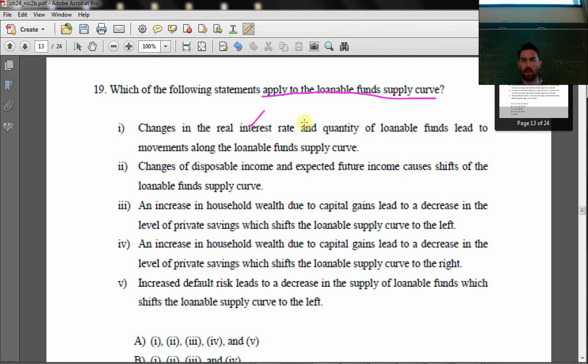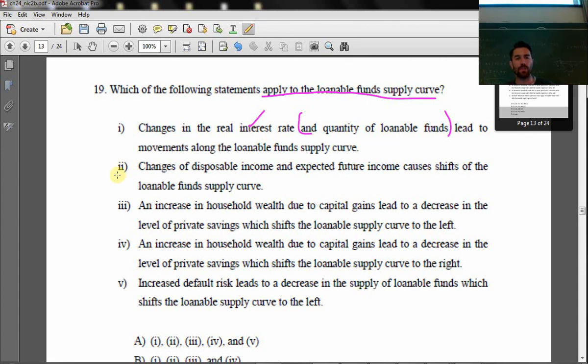Obviously a movement along the loanable funds curve leads to a change in quantity of loanable funds. Different points along the curve correspond with different quantities of loanable funds. I think that's what it was trying to say, just poorly worded.